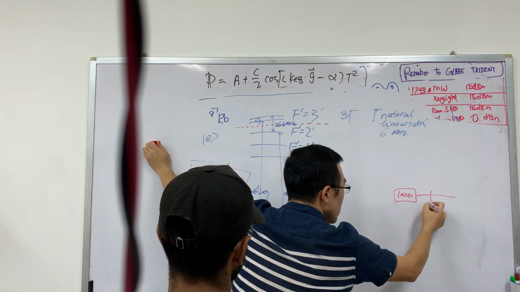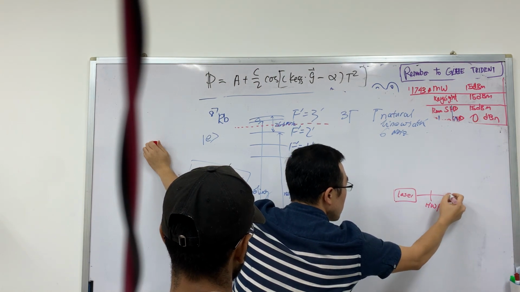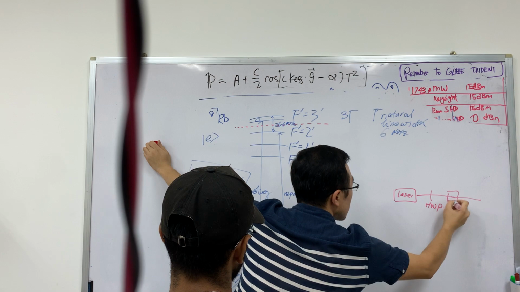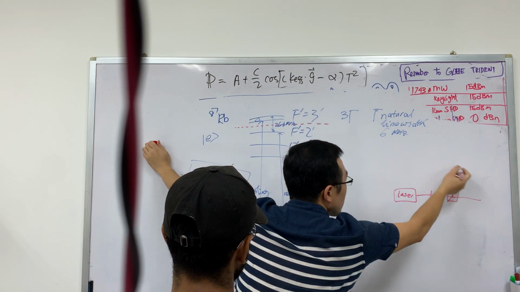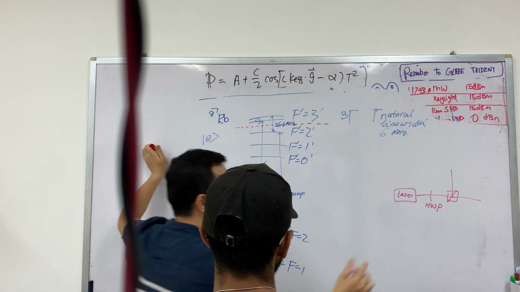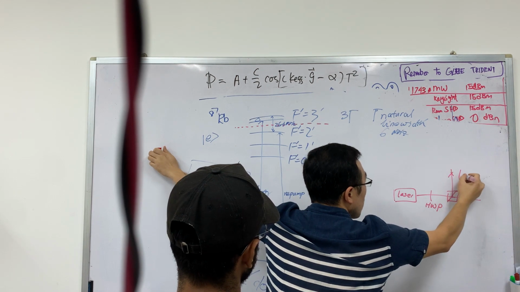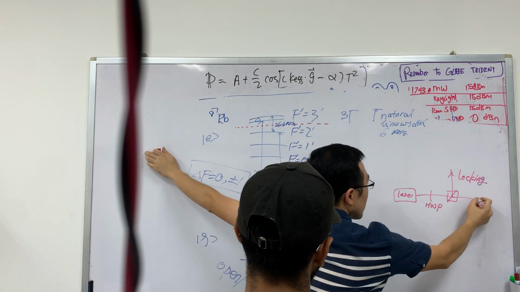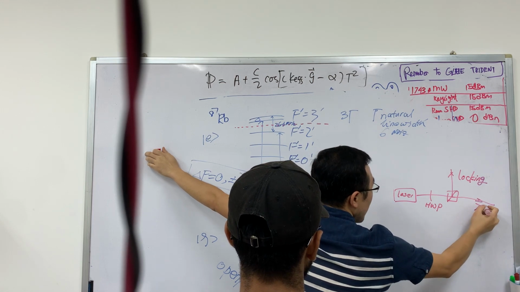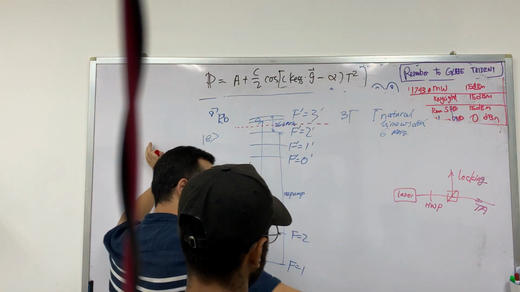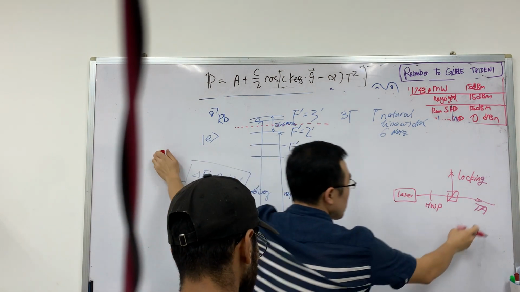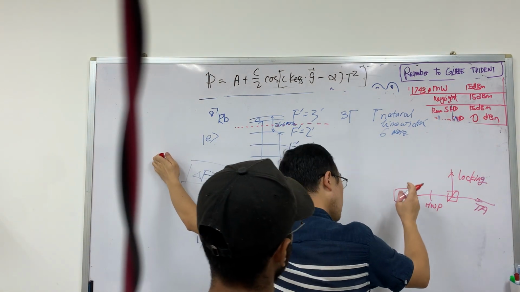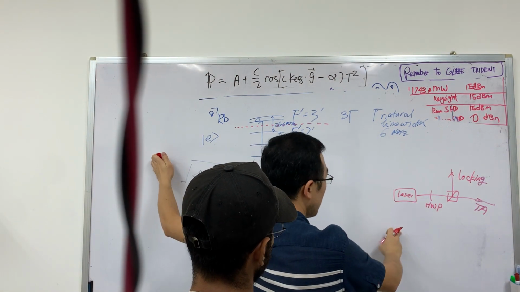We use a half-wave plate and PBS to get some light out. This light is for locking. This light is for the TA, to be amplified, but the frequency will be the same as your laser.